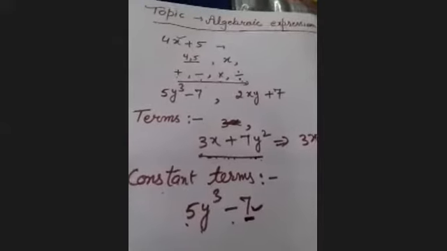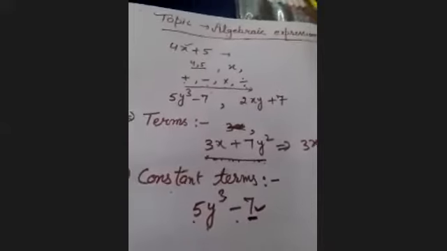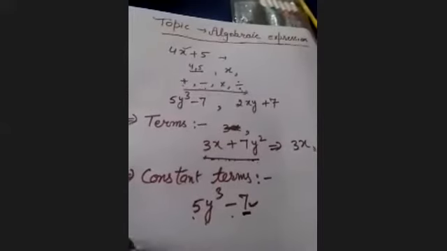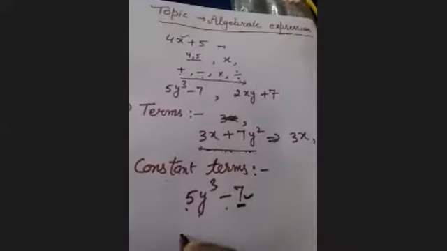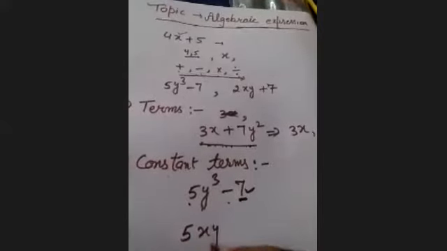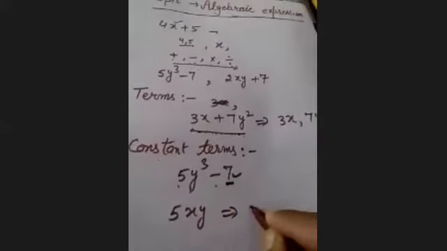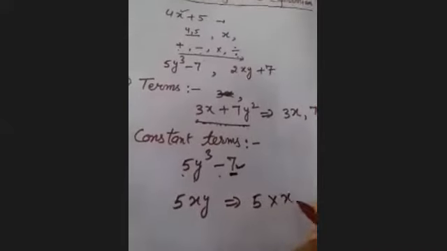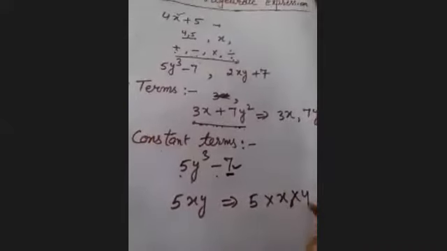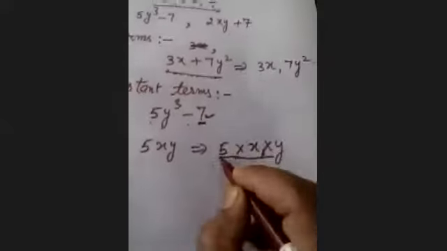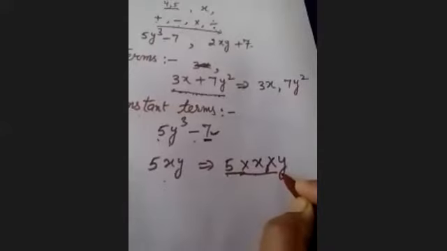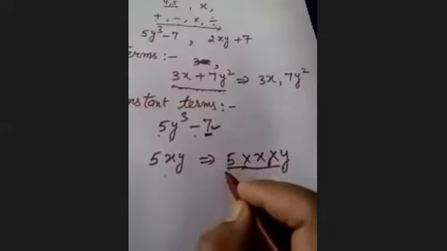Next are factors. Each term is joined with the help of product. For example, 5xy means 5 multiplied by x multiplied by y. So what are factors?